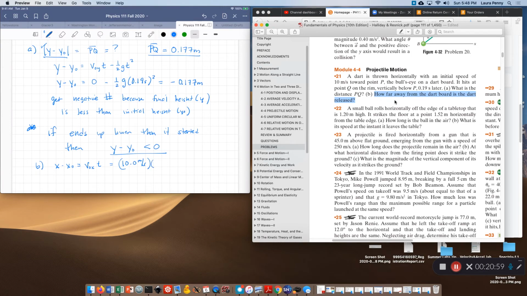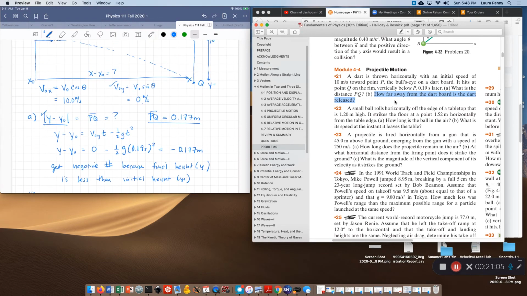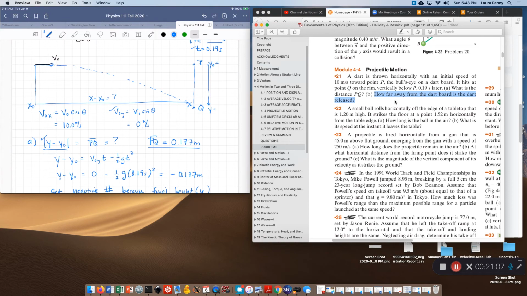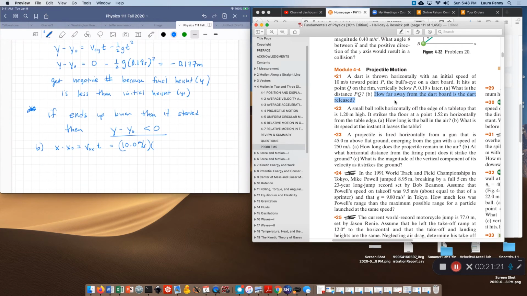And that's how fast the x velocity stays the entire time. Now the y velocity changes. We start with an initial velocity in the y direction of 0, but it increases as it falls down. It becomes a negative number. It's in the negative direction, but it's still becoming a larger value. So your dart's actually moving faster in speed as it gets further away from you.